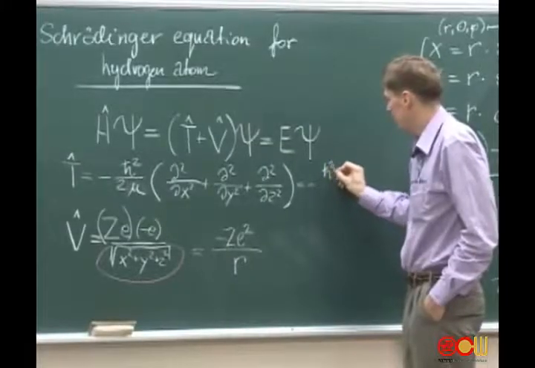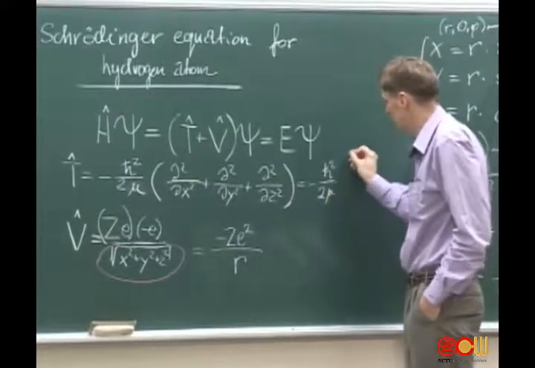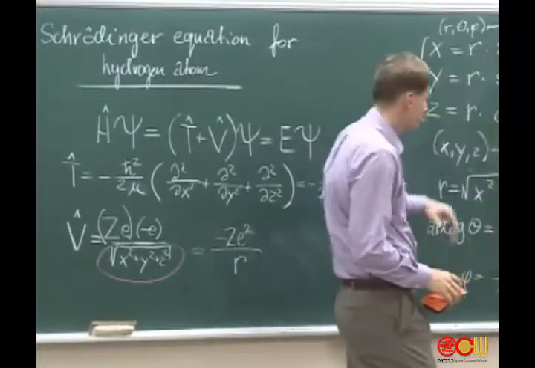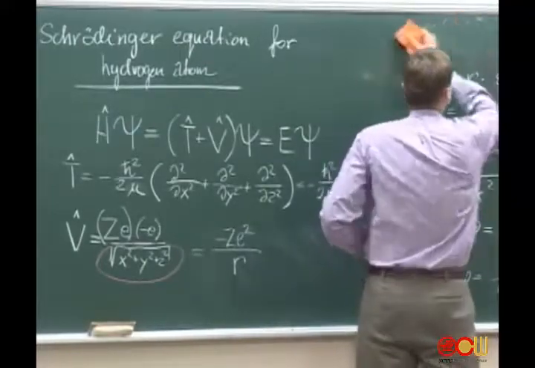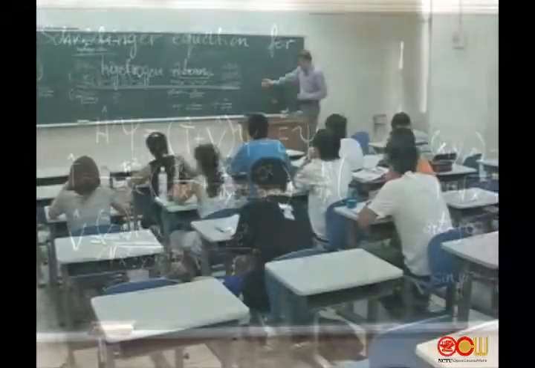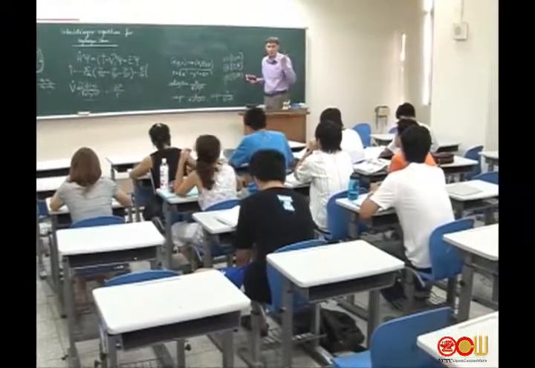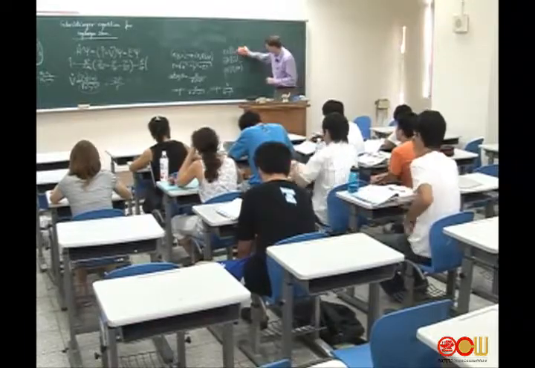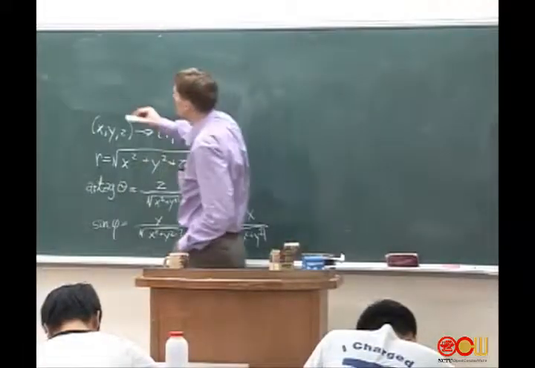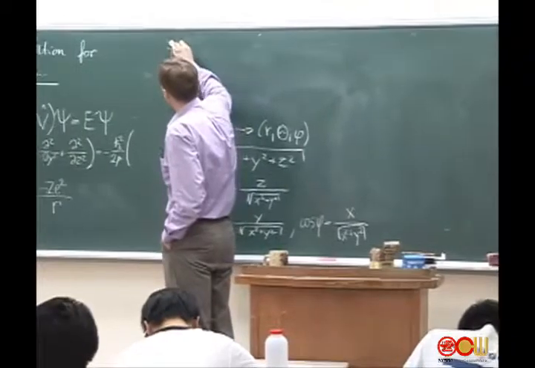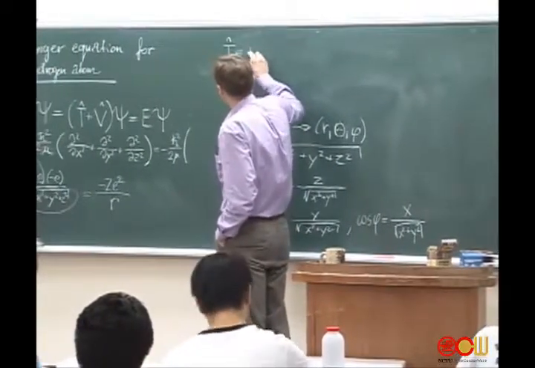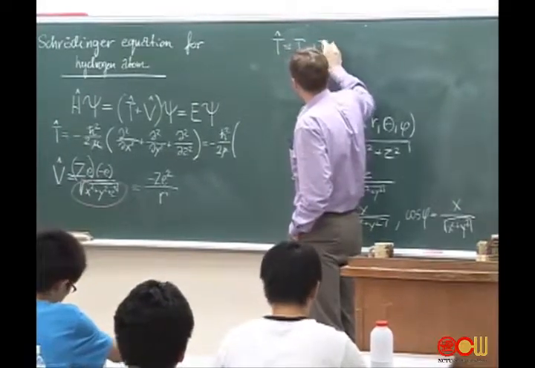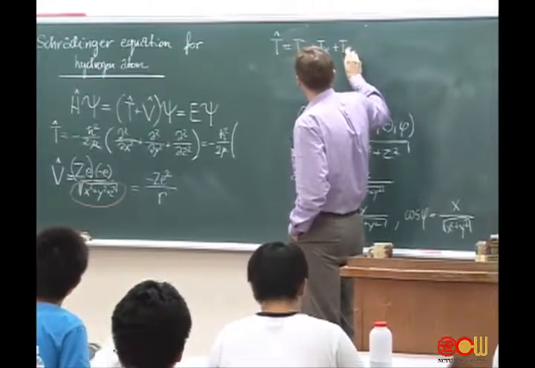Minus h squared over 2 mu. Now I open the parentheses, and to write this down, I have to remove this. Sorry. If you didn't write anything, you can check in the camera material later. That will be there. So again, the T in the new coordinates will be some... you see that in the old coordinates it was some T_x plus T_y plus T_z.